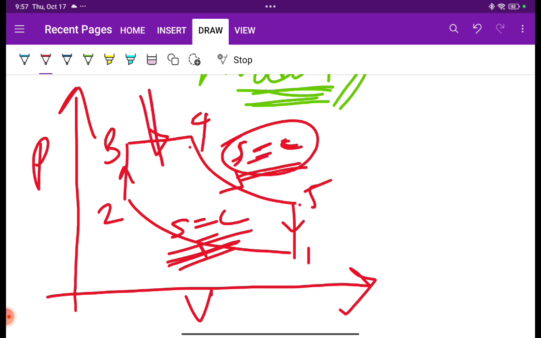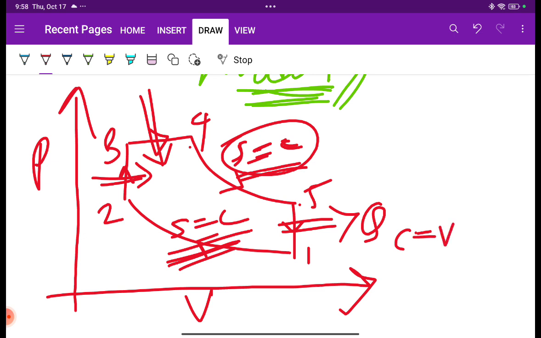Heat addition takes place in 2 to 3 and 3 to 4, and heat release from here. But mark my words again: heat rejection is at constant volume, heat addition from 3 to 4 is at constant pressure, and heat addition from 2 to 3 is at constant volume.